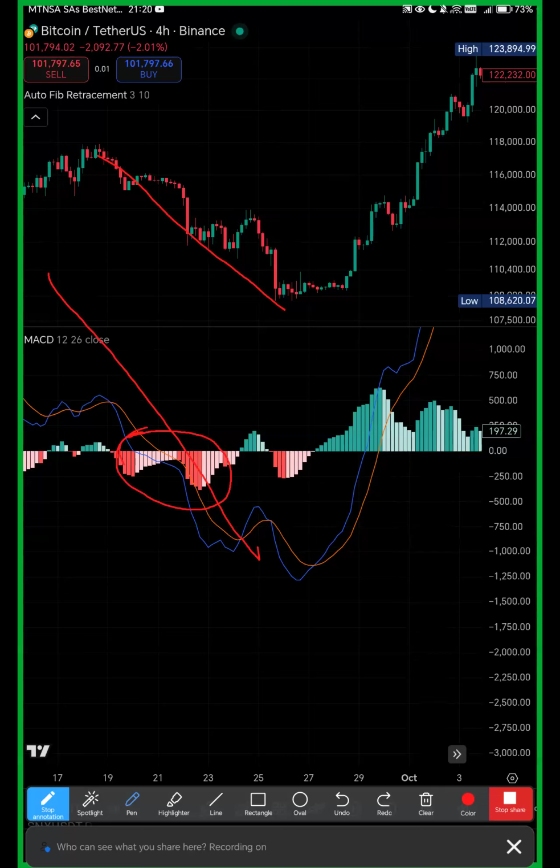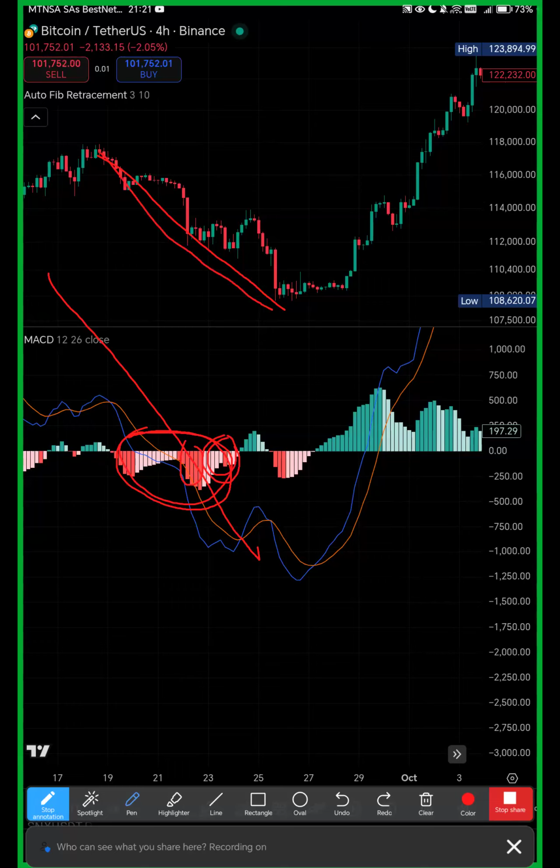This signifies selling pressure. Now, when the selling pressure is reducing in the market, you will see that the red histograms are going to change into light red. When they change into light red, it means that the strong selling pressure is no longer the same. It is reducing.